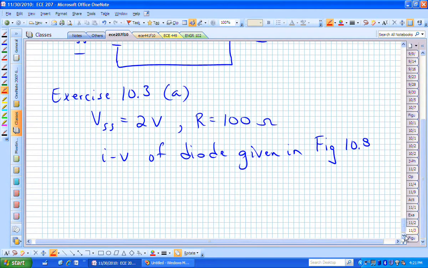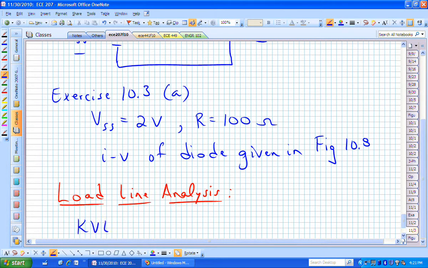So let's now do a load line analysis, is what it's called. We have the characteristic of the diode. That's this nonlinear curve. Let's now find another curve to see if it will intersect with this nonlinear curve. The other curve will be linear, and it's based on the KVL equation.